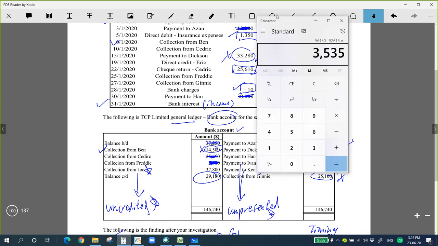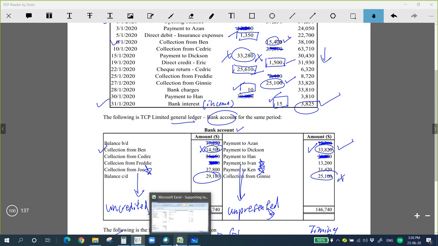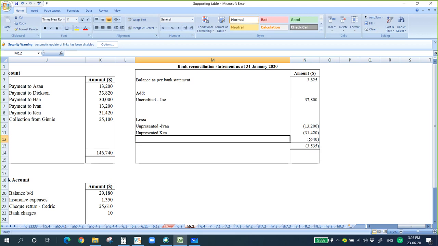We use 33820 minus 33280. The difference is 540, right? Because less was recorded, that's why we have to minus. So this 540 will be recorded in the minus. And what's the description? This is error in bank statement. This is payment to Dixon.